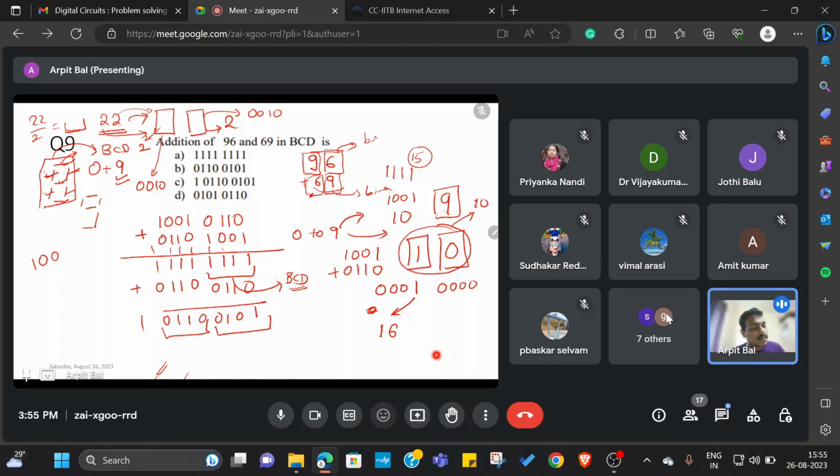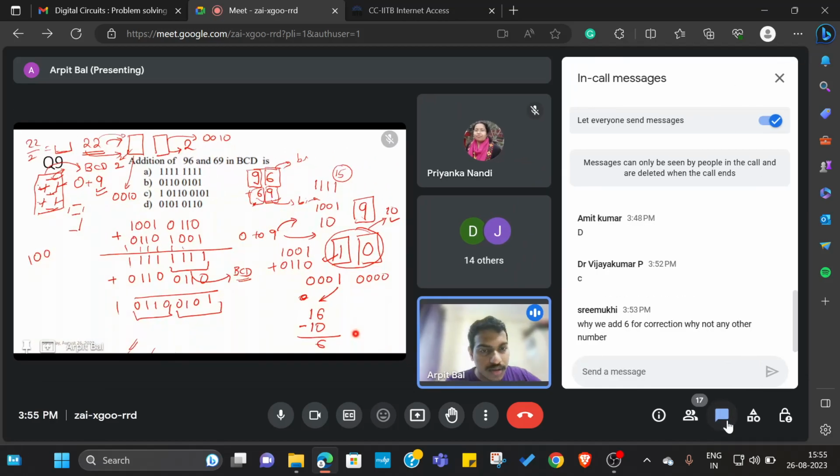So 10 is 10. You see the difference between BCD representation and decimal representation. The BCD representation would have been 16 in decimal, and in decimal, when we normally increment, it would have been 10. So the difference is 6. Is that point clear, Srimukhi?